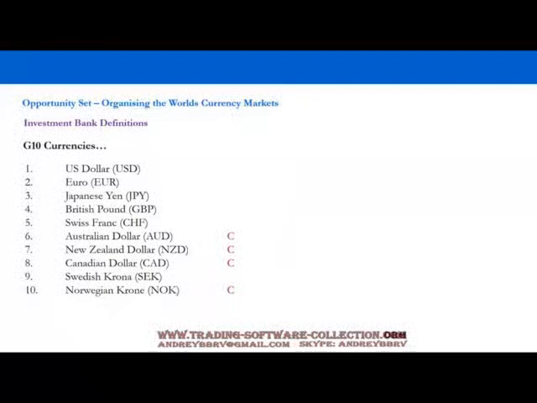And the bigger currencies that don't depend on the 1 or 2 commodities are more diverse in their exports.